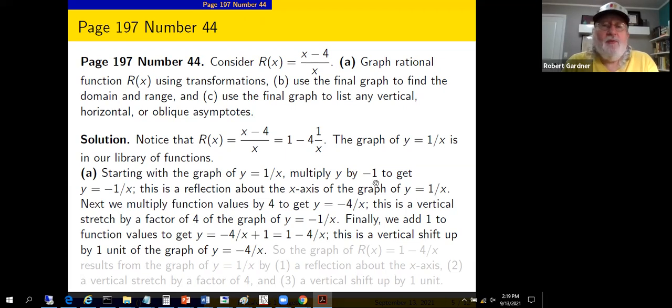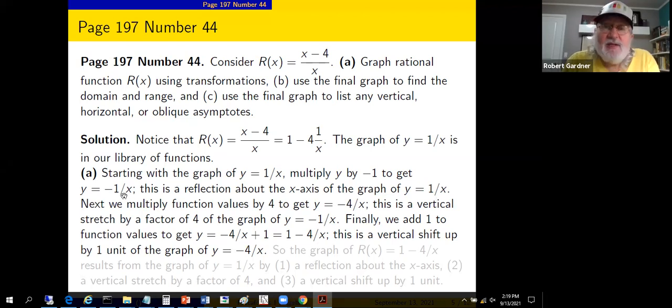Let's multiply by -1 first. That'll give us y equals -1 over x. Okay, we've taken the function f of x and multiplied it by negative one. In the terminology back when we were dealing with transformations, this produces a reflection about the x-axis of the original graph.